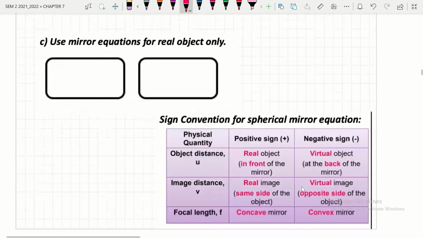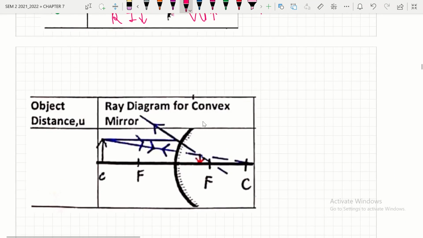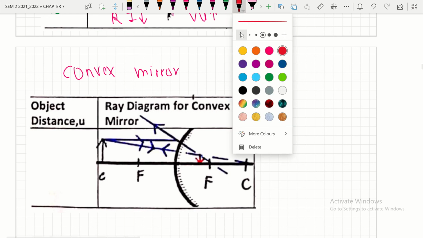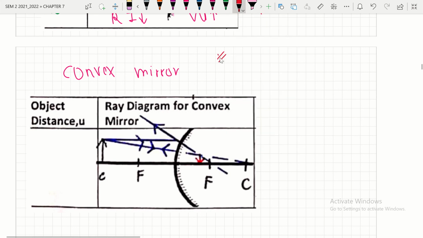Sekarang kita akan tengok untuk convex mirror. Okay, now what we are going to look for convex mirror. So convex mirror ni dia special sikit. You letaklah you punya objek dekat mana-mana pun, dia punya characteristic of image tetap sama. Okay, ni menarik sikit ya. So buat ayat, misalkan buat ayat pasar, so up to you guys how you going to write it.